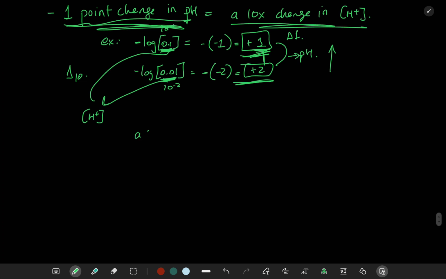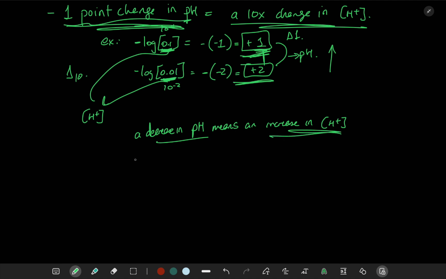So a decrease in pH means an increase in hydrogen ion concentration. Again, we're going from a pH of 2 to 1, so that's a decrease in pH, but that means you're going from a solution that has only 0.01 molar concentration of hydrogen ions to 0.1, so there's an increase in hydrogen ion concentration, as you saw.